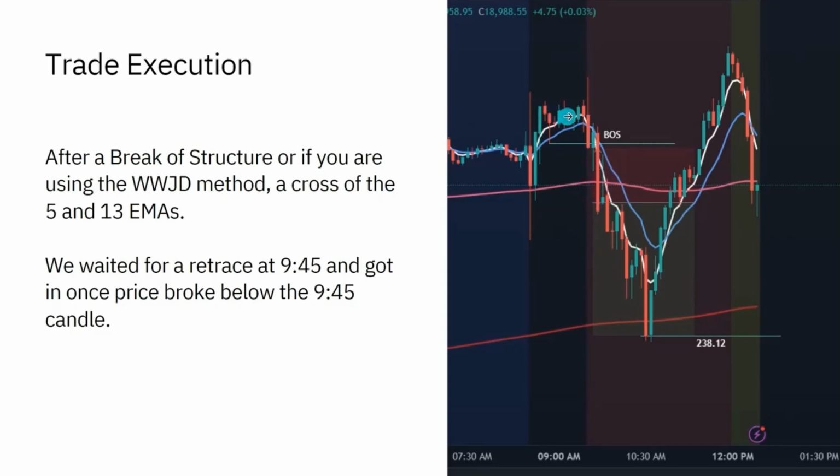This is a 5-minute chart where you see at 9:30, 9:35, 9:40, and at 9:45 you had a retracement right back into the 5 EMA. Then once the 9:50 candle broke below the 9:45 candle, that was our entry.